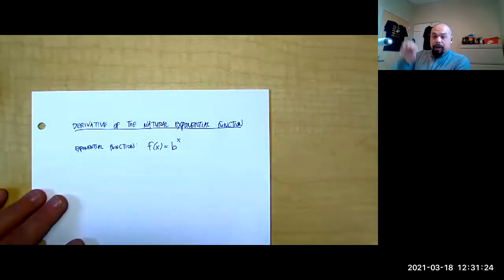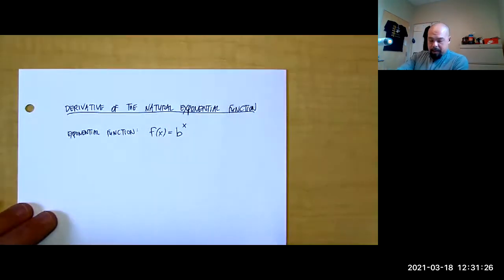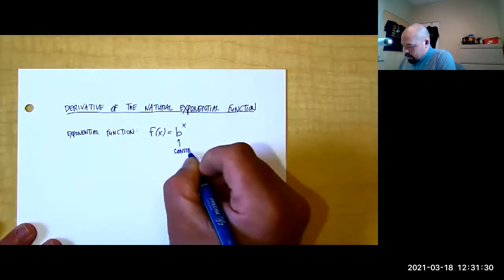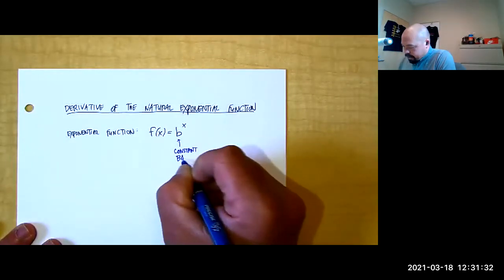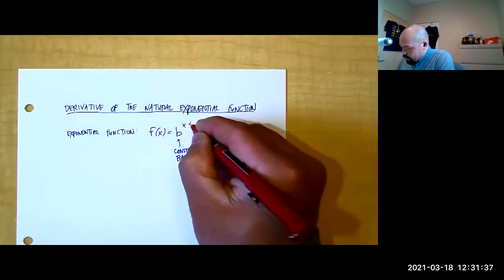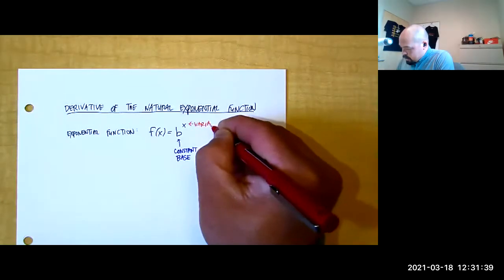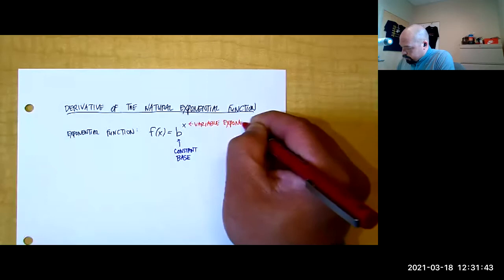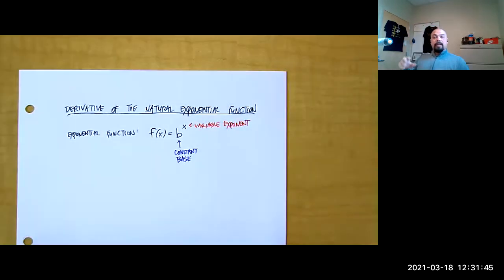So now what's important here, we have our constant base, the value being raised to a power, and a variable exponent, a variable power. In our polynomials, it was the variable that was the base, a constant as power.